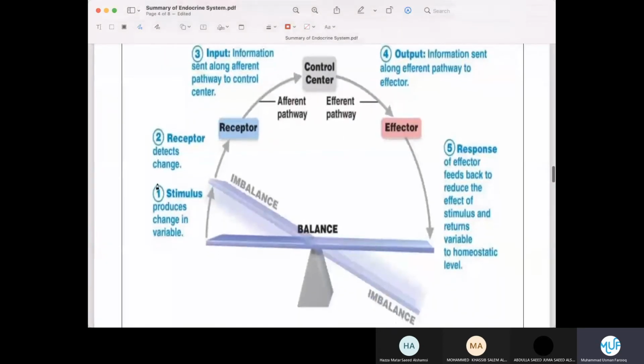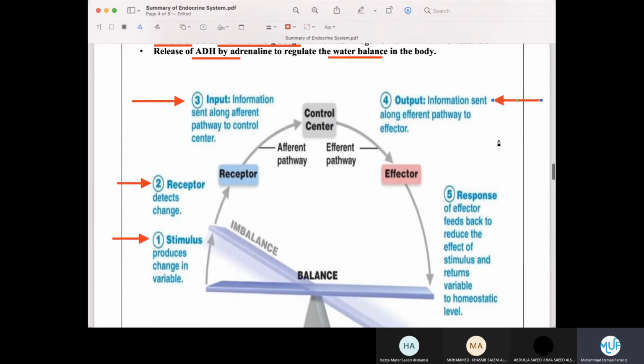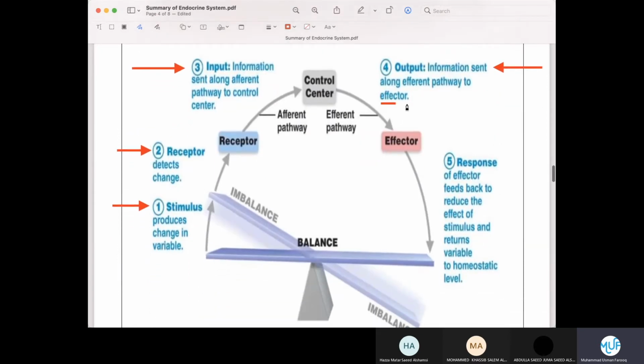Steps of the negative feedback mechanism. You should feel a stimulus in the first step. There should be some stimulus. It should be detected by some receptors in your body. The message goes to your control center. Your control center translates this message and sends it back to effectors.